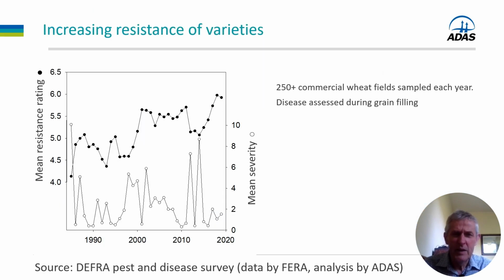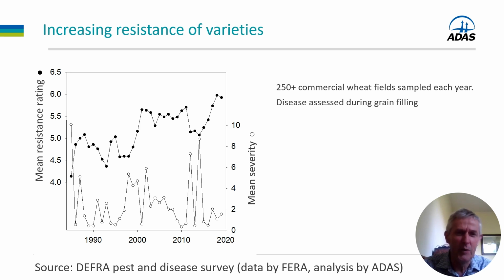If we turn now to survey data, so this is the Defra Pest and Disease Survey that's carried out every year. It's a survey of over 250 commercial wheat fields each year, and the data on the left show that the varieties that have been selected by farmers in those fields have been of increasing disease resistance over the last 20 or 30 years.